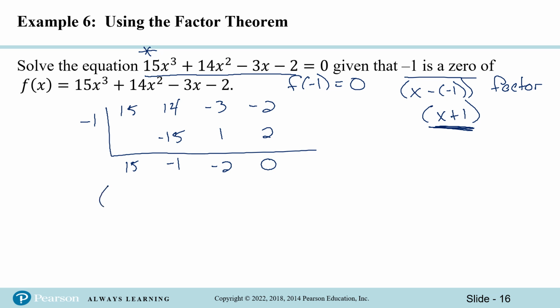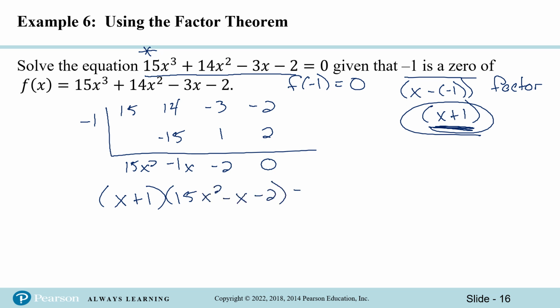So right now, in factored form, I have x plus 1 because of this. And then I have 15x squared minus x minus 2.